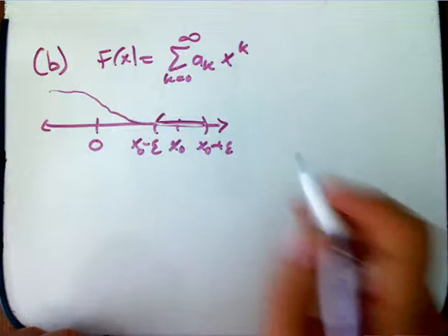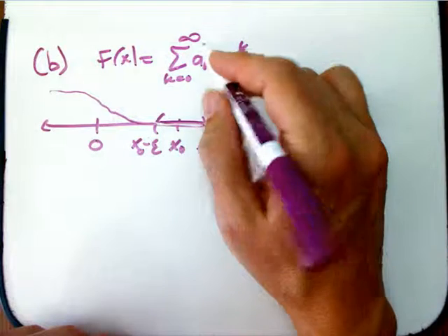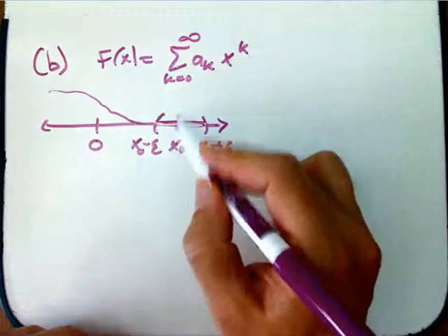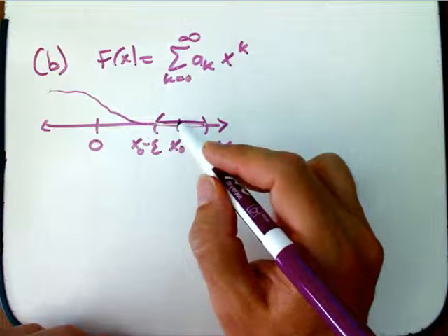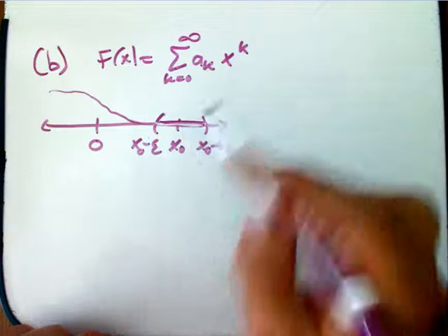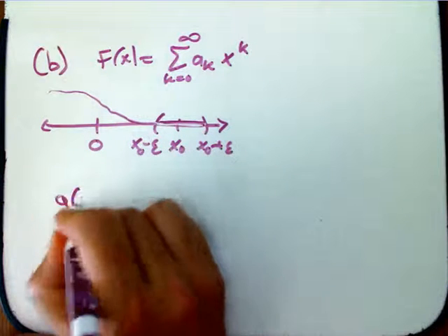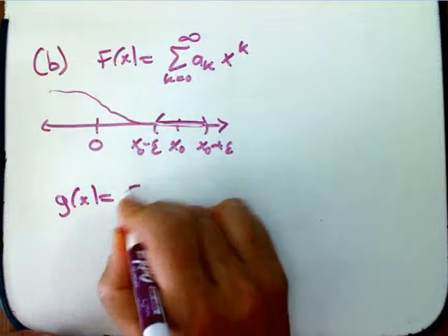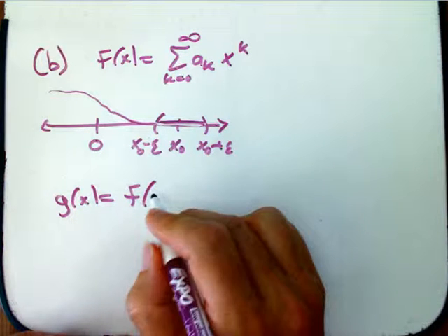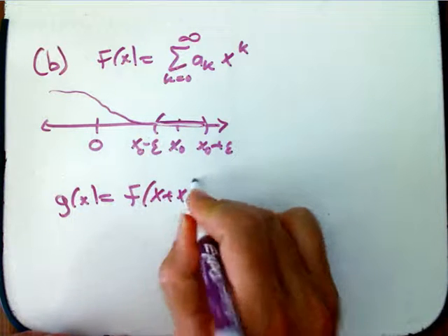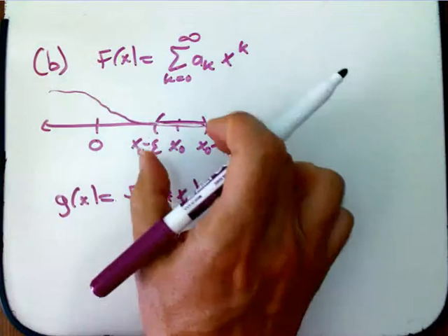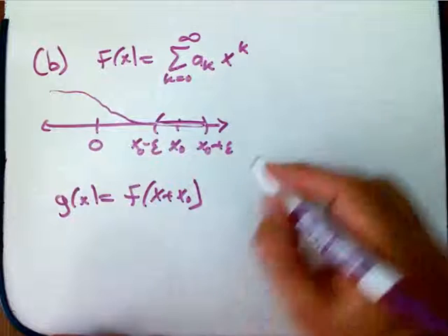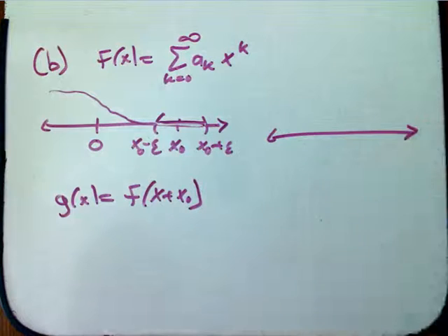Okay, so first of all, if we knew this was a power series expanded around x0, then we could use exactly the same argument. But all we have to do is define g of x to be f of x plus x0. That takes this function and translates it back to 0.